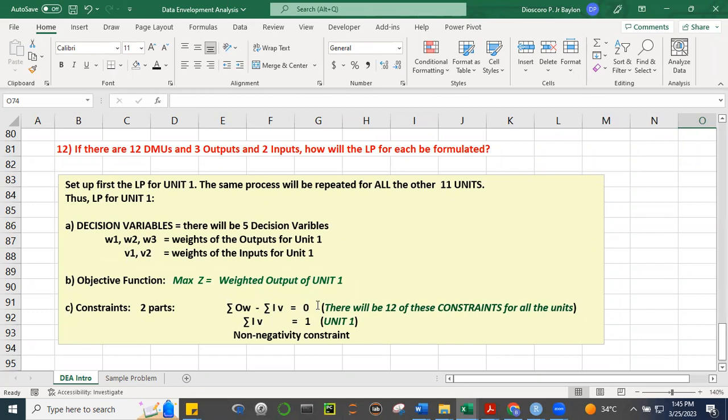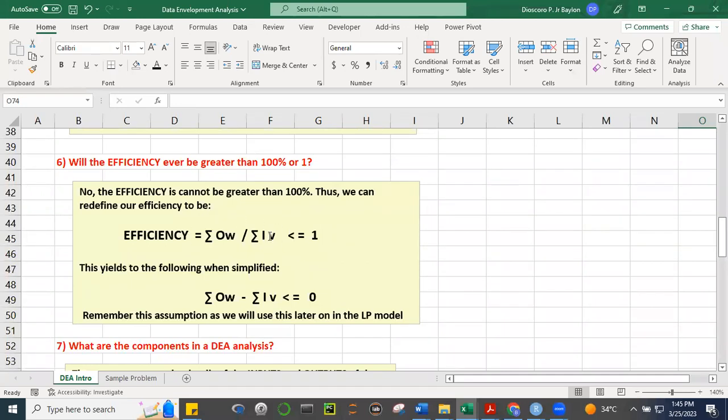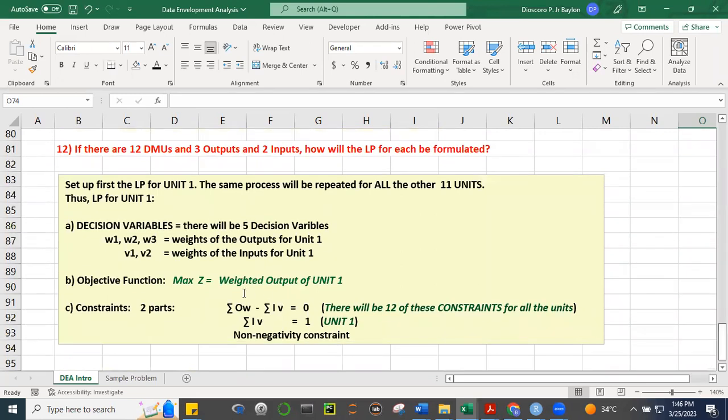This is the bounded efficiency. If you recall, I discussed it here, right? The weighted output over the weighted input should be less than or equal to 1. So we're binding the relative efficiency. And this simplifies into this one. So this appears in our equation here.